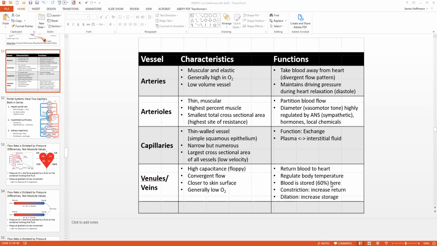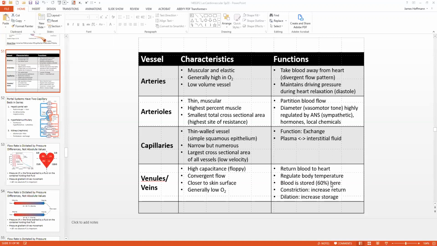The diameter of the arterioles is controlled by a couple of things. We saw that when we looked at the homeostatic control of mean arterial pressure. There's that sympathetic-only tone that's always there. It goes back to Cannon's postulates: you have tonic activity, and that sympathetic tone is called the vasomotor tone. It's pretty easy. If you increase that sympathetic stimulation, they constrict, and if you decrease it, they dilate.